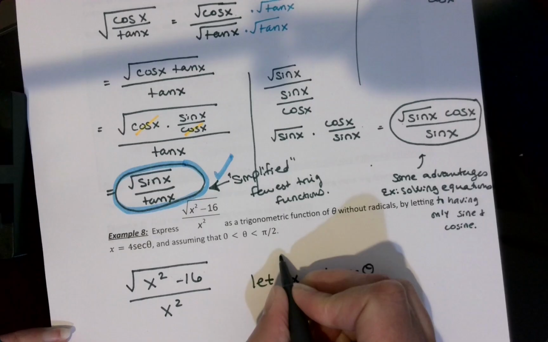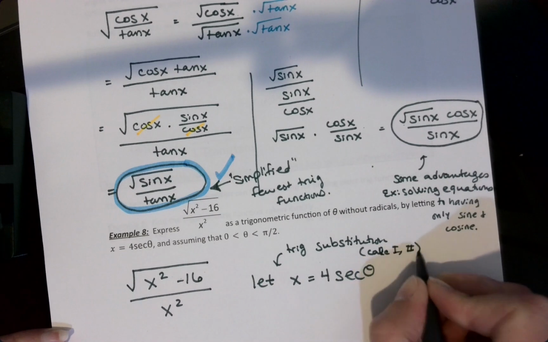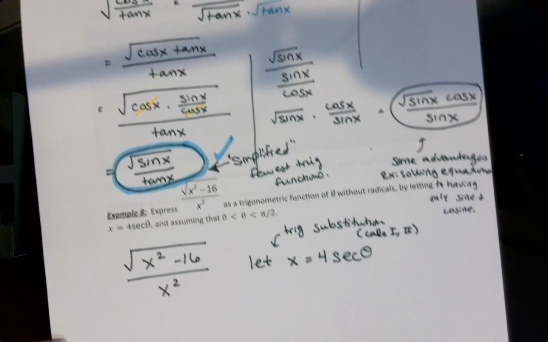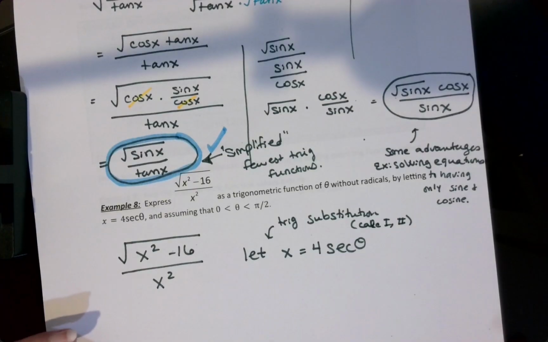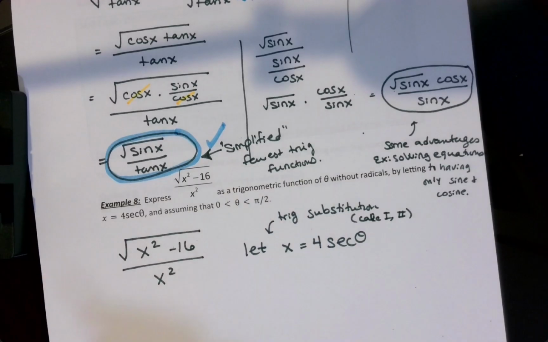So substitution is going to turn x into 4 secant theta, so x squared will be 4 times secant theta squared minus 16 over 4 secant theta, again squared.